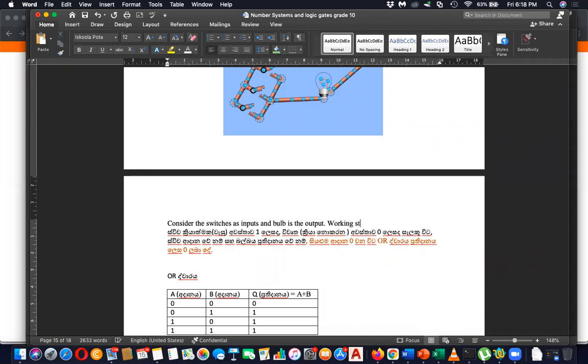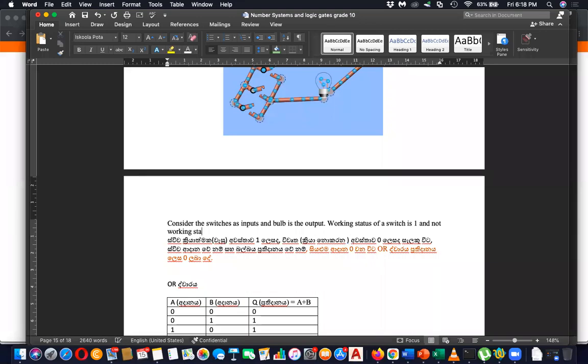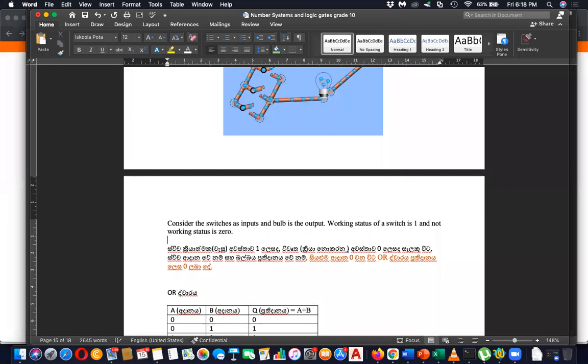Working status of a switch is 1 and not working status is 0.